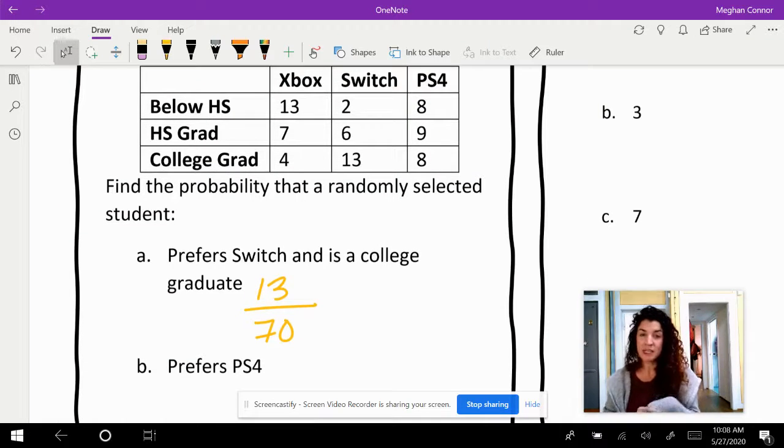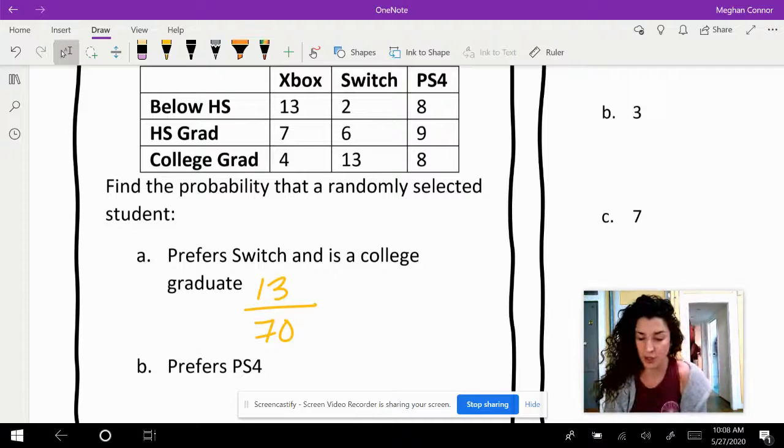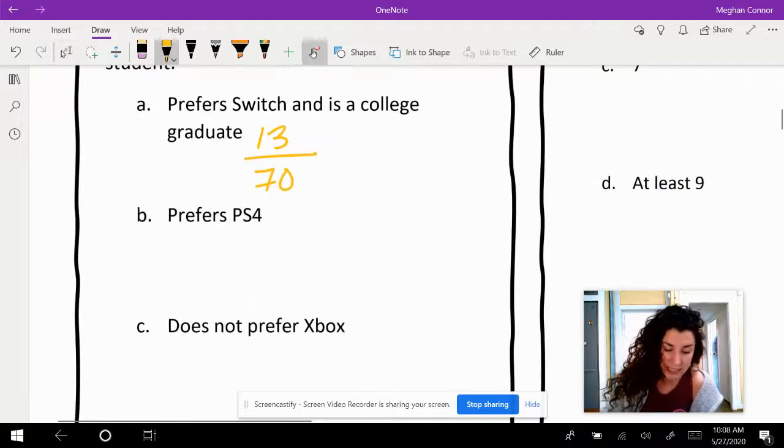We can look at PS4 and there are 3 different ways that information has been doled out: below high school, high school grad, and college graduate. So we need to add up all of those numbers under PS4 to give us our total number of times that the PS4 preference has occurred.